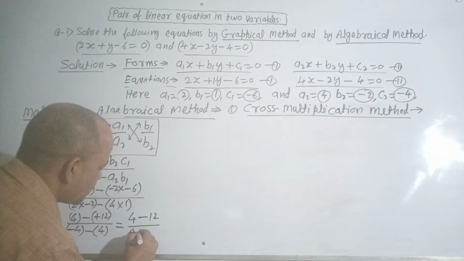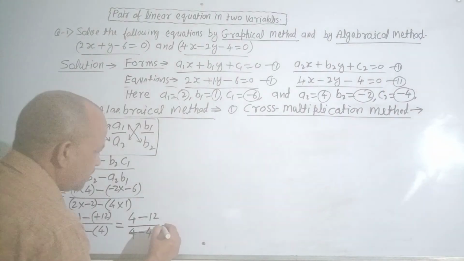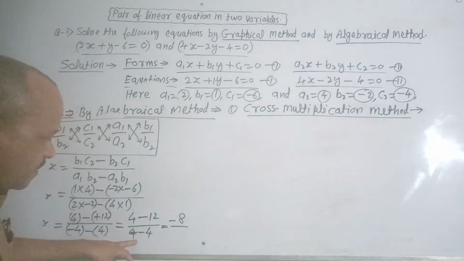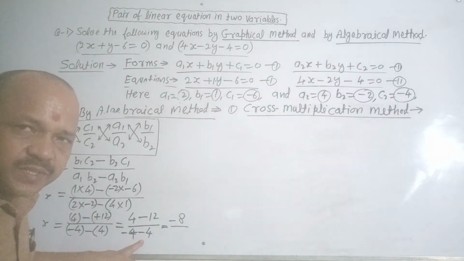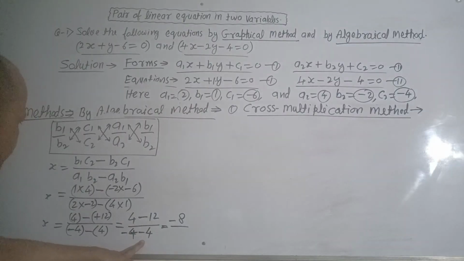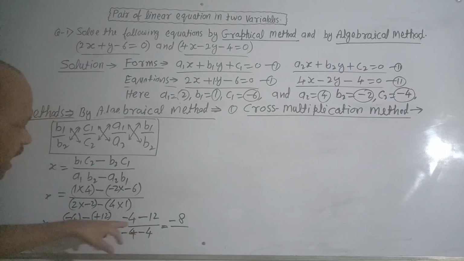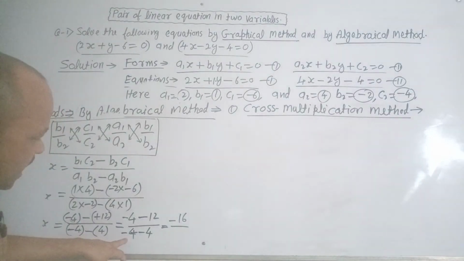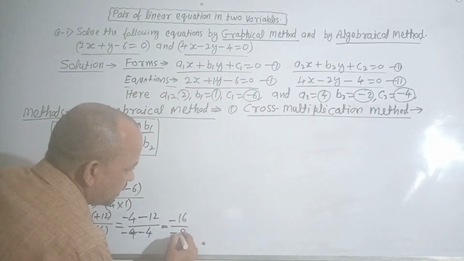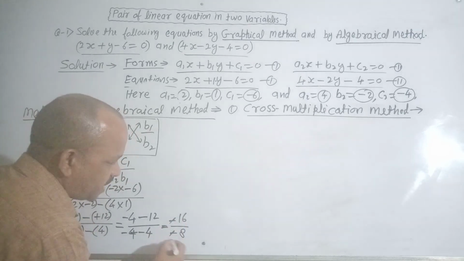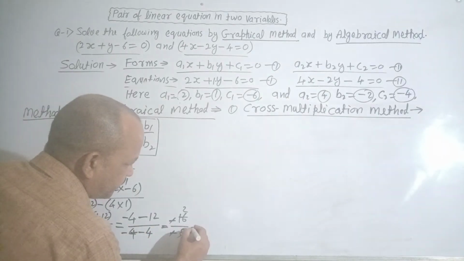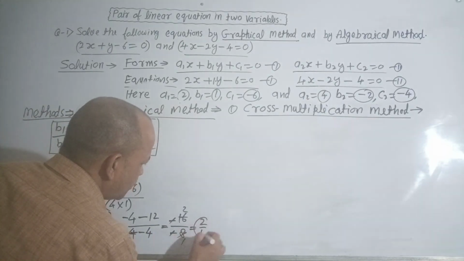Minus 8 cut, 8 ones are 8, 8 twos are 16. It become 2 by 1.